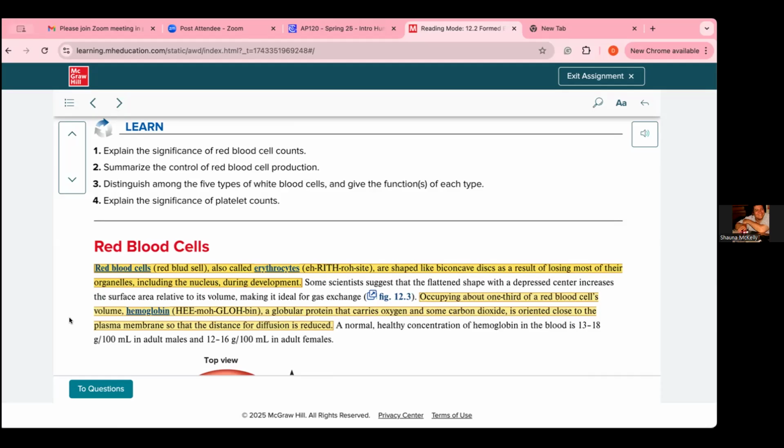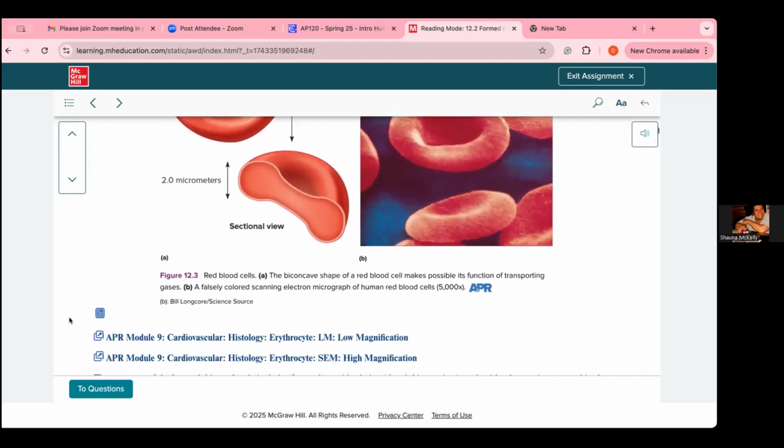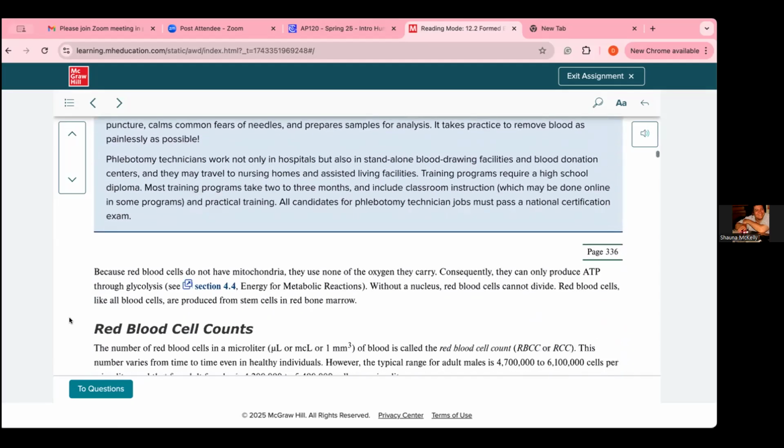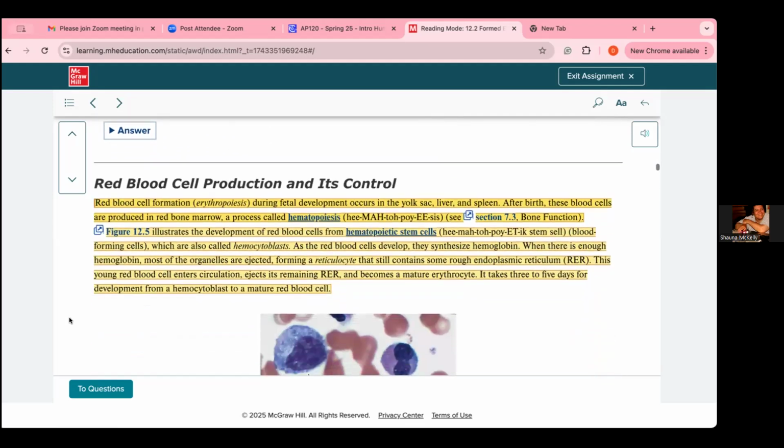Okay, we read that. Keep going. More. I think it's after this. I think it's right around here. It takes 3 to 5 days for development from a hematoblast to a mature red blood cell.